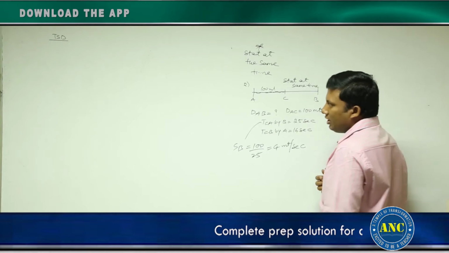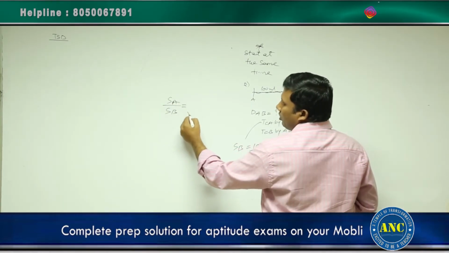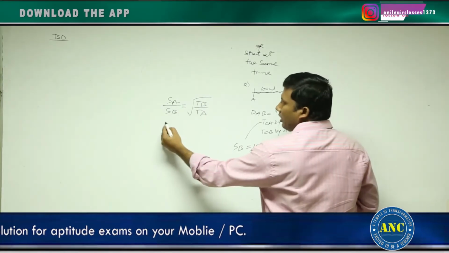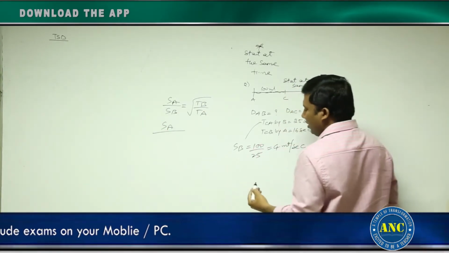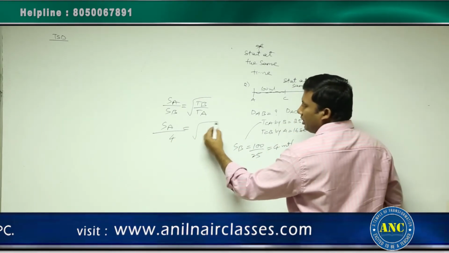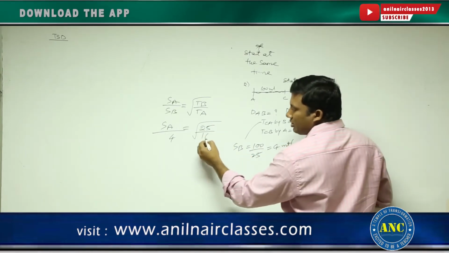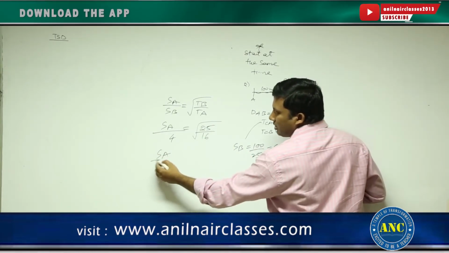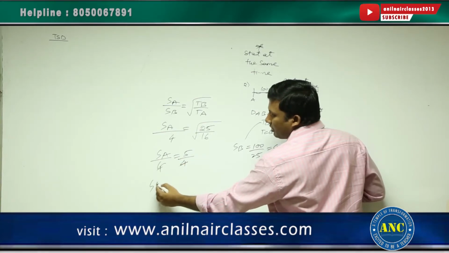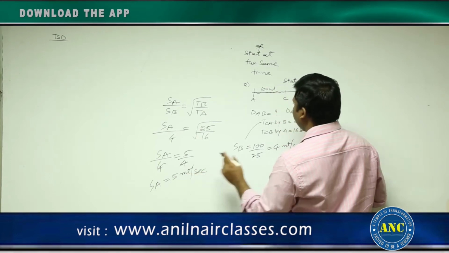There is one equation, SA by SB equivalent to root of TB by TA. We don't know SA, but we know SB. SB is 4. Time taken by B is 25. Time taken by A is 16. That means SA by 4 is nothing but 5 by 4. That means SA is equivalent to 5 meters per second.